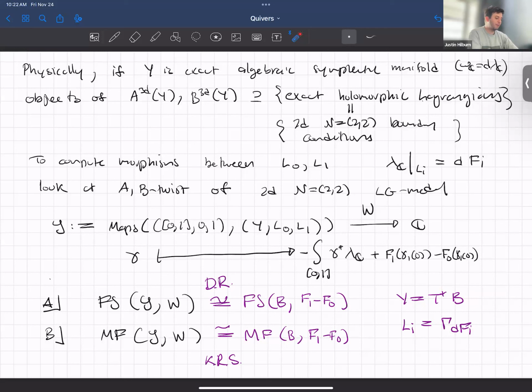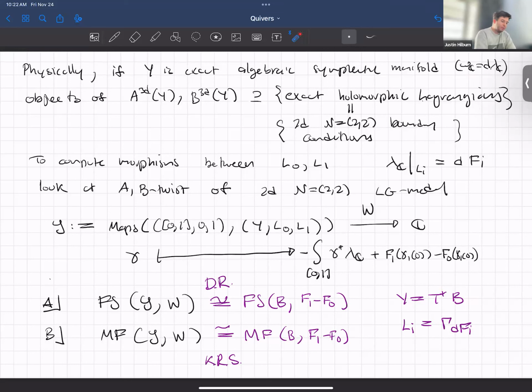So once we've chosen this subalgebra, that chooses a complex structure on our hyper-Kähler manifold, making it into an algebraic symplectic manifold. And I want to just assume that it's going to be exact for simplicity.